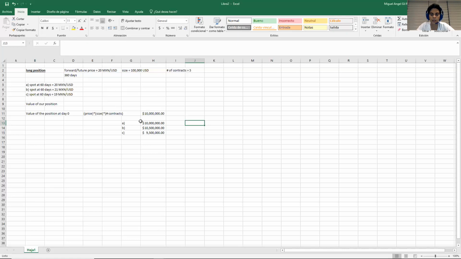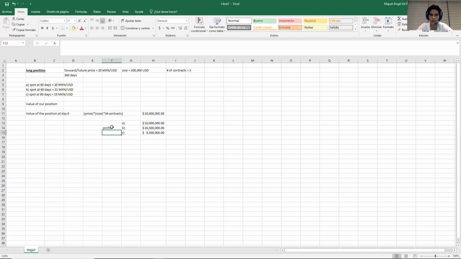So if the price is 21, will I be happy for paying only 20 instead of 21? Yes, I will be happy that I signed the contract. So in letter B, I will have a profit.